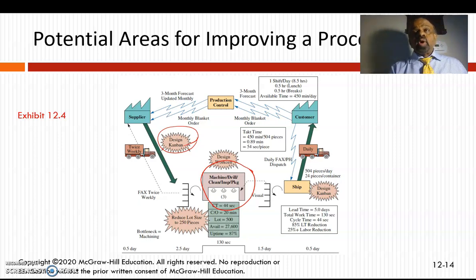Kanbans are events that take place in manufacturing companies. These events are to reduce waste and to make things lean, and using lean principles, you can get better efficiency and effectiveness for any process. Those are the activities that are called Kanban activities.